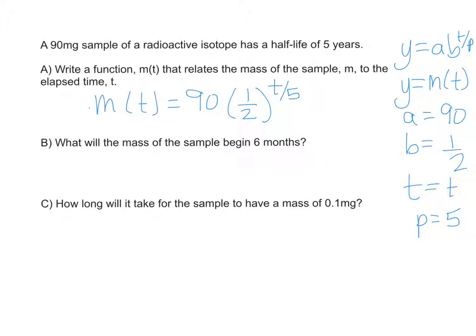What will the mass of the sample be in 6 months? So now we have a value for t. What's the value of t? 0.5, half a year. Remember we said time is measured in years. So half a year, that's 6 months. We're going to do m of 0.5: 90 times 1/2 to the power of 0.5 over 5.